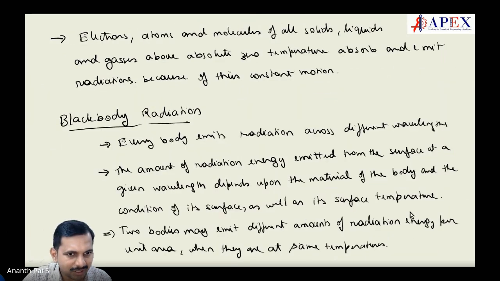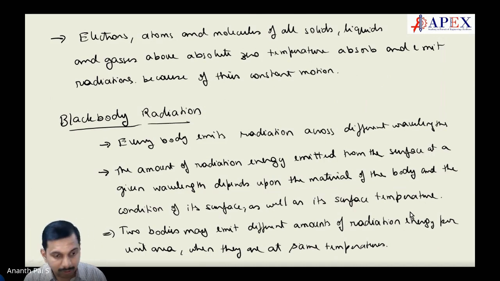So we talked about black body radiations, right? We said black body is a body which emits radiation along all the wavelengths, and at a particular wavelength it emits the maximum energy at a particular temperature. Fine. And also we saw that a black body is a perfect absorber as well as a perfect emitter.